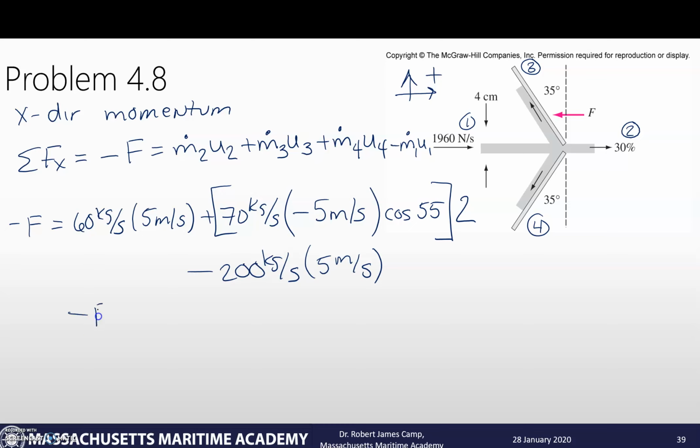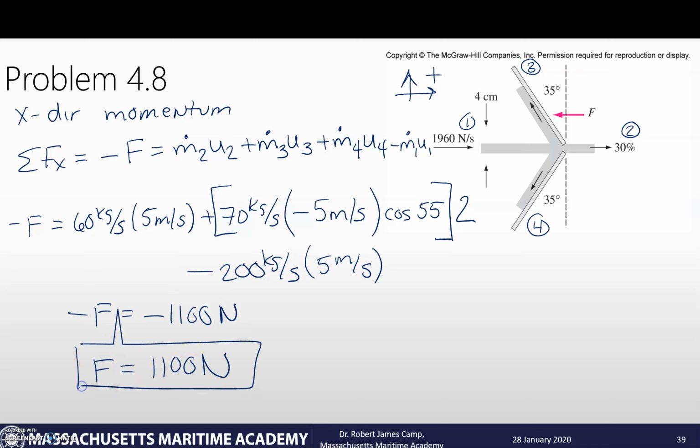Well, I'm going to get negative F is equal to negative 1100 newtons. Multiply through by negative 1. So the force to hold this guy is going to be 1100 newtons, and it is a positive number, so that means that we picked the correct direction. And that's all there is to it.